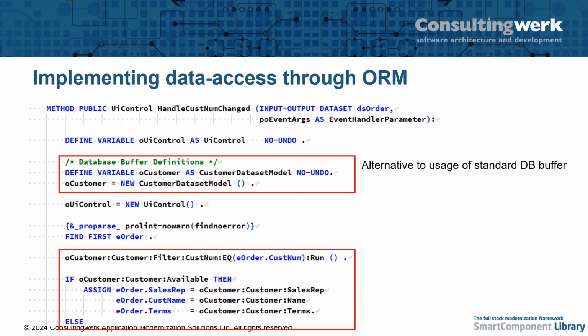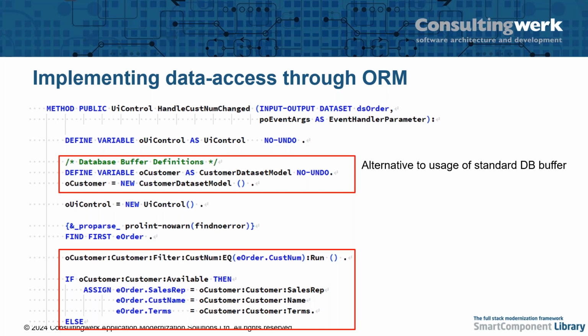And that would then look like this. Depending on whether or not there have been database buffer definitions, we replace the code with creating an instance of our dataset models.